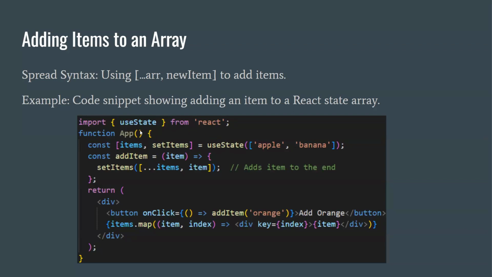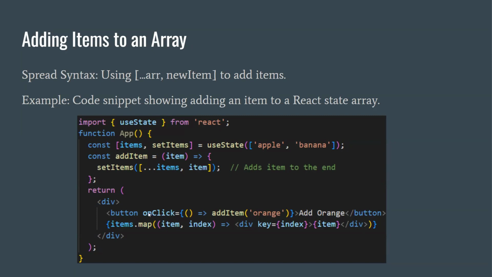We have this App component and we have this state called items, and we have a state updater function called setItems. Our initial state for items is an array that contains apple and banana. And we have this button that allows us to add orange.